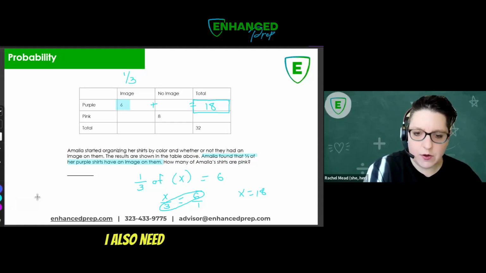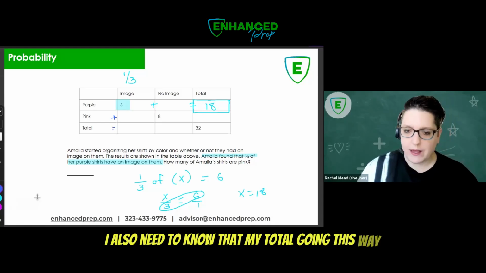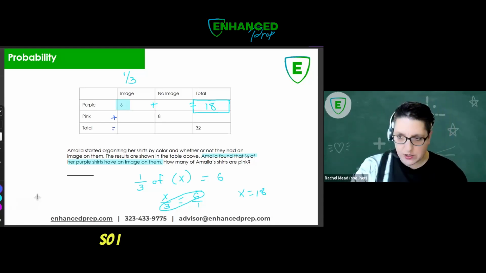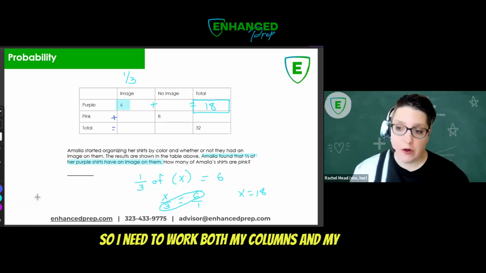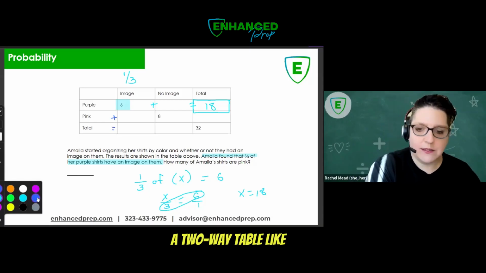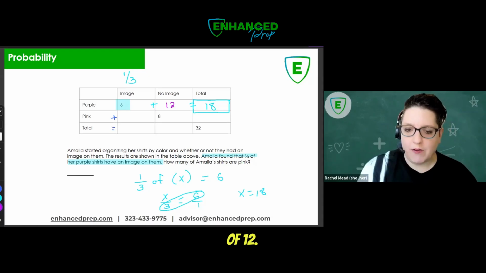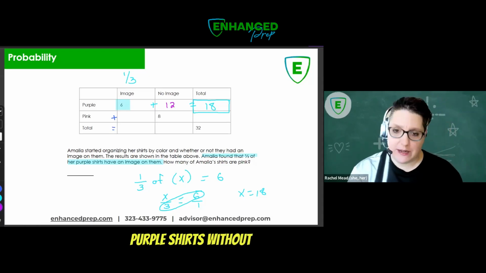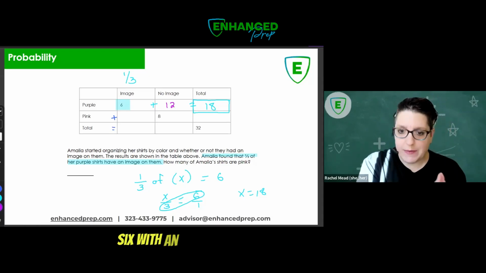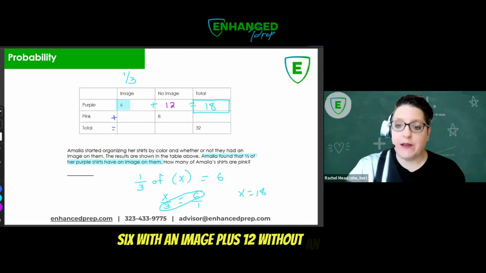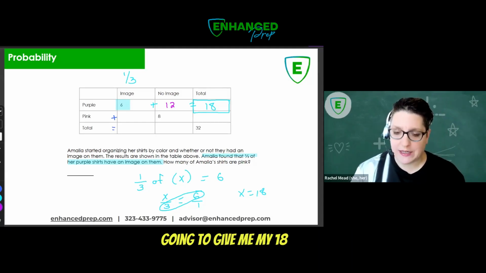Now, what I know is that my total going this way is going to be true. I also need to know that my total going this way must be true. So I need to work both my columns and my rows in a two-way table like this. That's going to tell me that I have a total of 12 purple shirts without an image on them. 6 with an image plus 12 without an image is going to give me my 18 total.